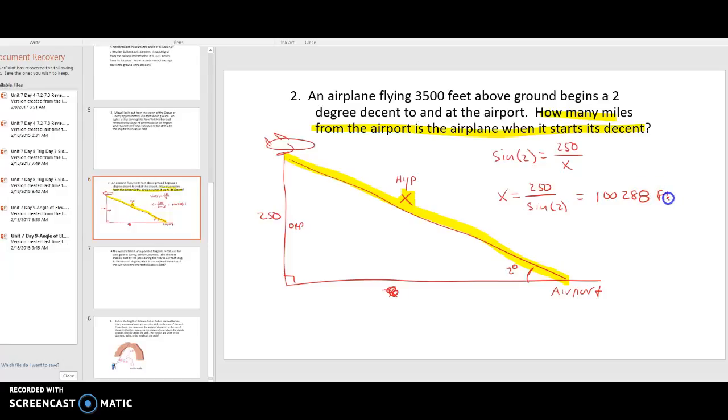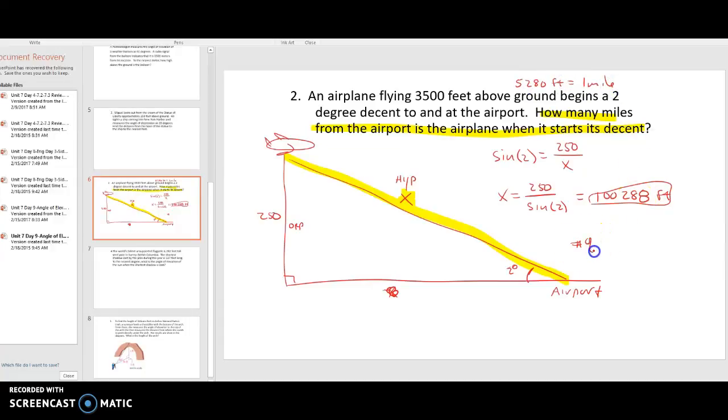100,288 feet. You have to remember, this is in feet, and it's asking us for the miles. How do we convert the feet to miles? Well, 5,280 feet is equal to 1 mile.